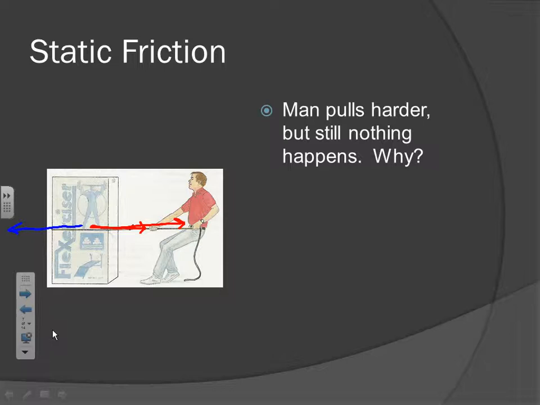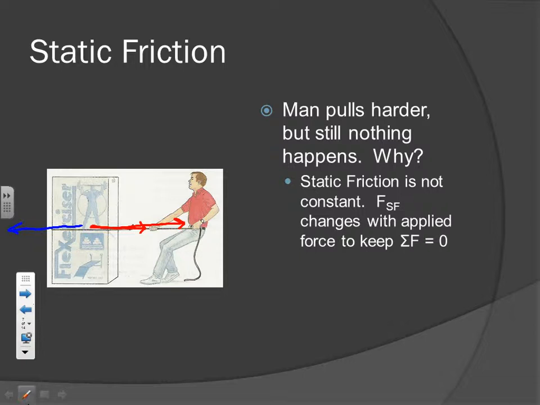Meaning, what can we then make a connection and deduce about static friction? What did you say before about the frictional force? It changes, right? The man pulls harder, but nothing happens. Why? Because static friction is not a constant force. F_SF, the force of static friction.